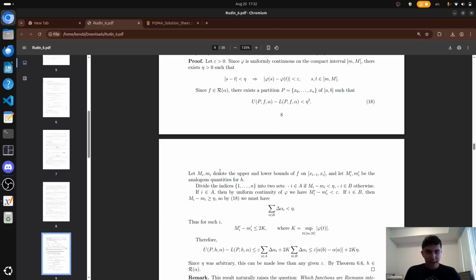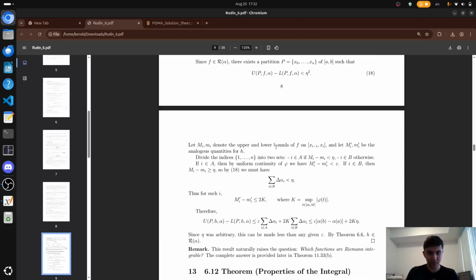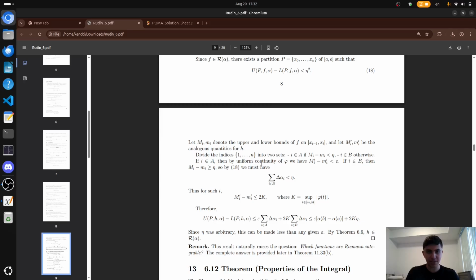Let Mi and mi denote the upper and lower bounds of f on xi minus 1 to xi, and let Mi prime and mi prime be the analogous quantities for h. Divide the indices 1 to n into two sets. I in A if Mi minus mi is less than eta, I in B otherwise.